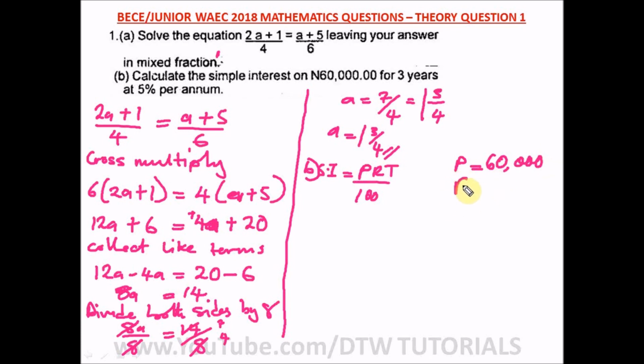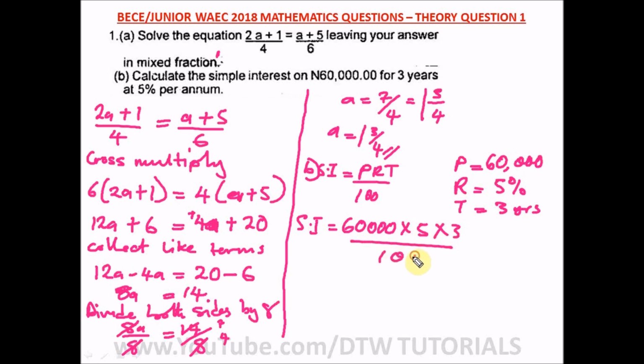And R, which is our rate, is 5% per annum. And T, which is our time, is 3 years. So we're putting these values into the equation to get our simple interest. So SI is equal to 60,000 times 5 times 3 divided by 100.